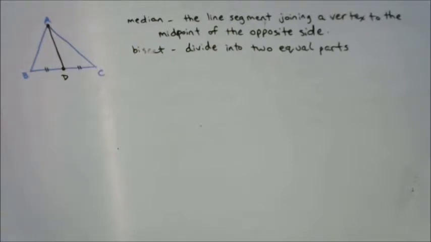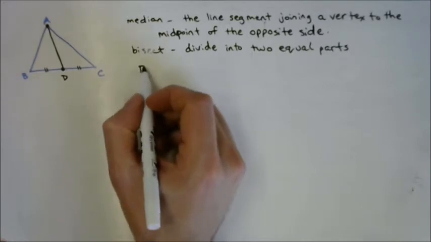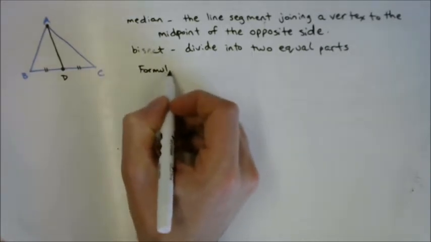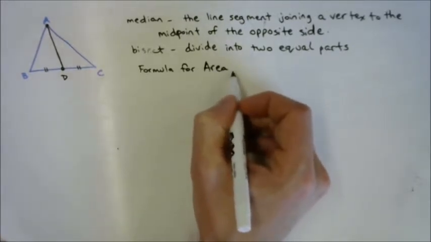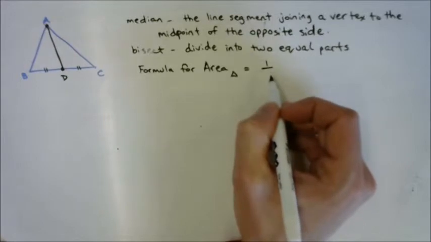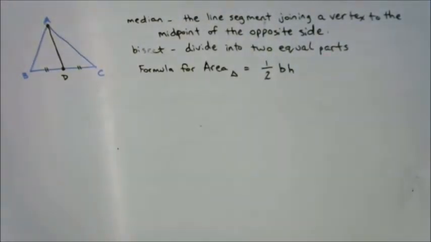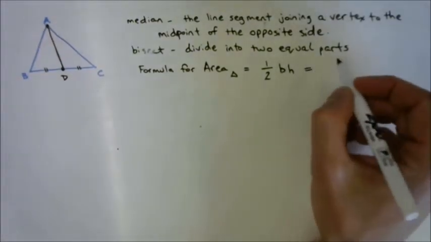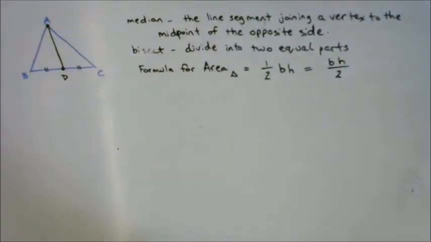Now the formula for the area of a triangle, does anyone know what it is? 1/2 times base times height. Okay, 1/2 BH, 1/2 base times height, or you could write that as B times H over 2.